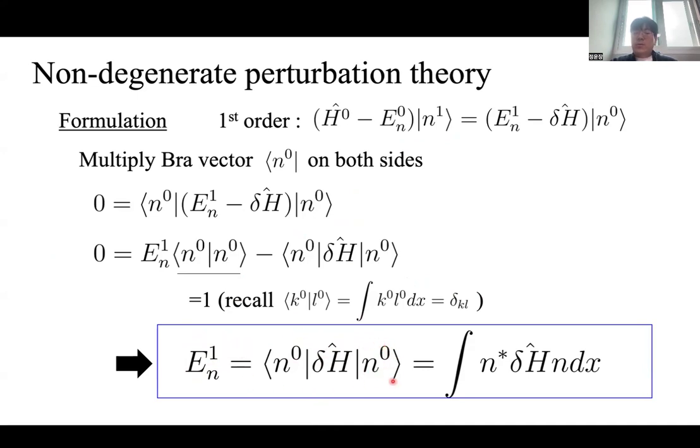And we can calculate this. This is just a matter of plugging things in because we know what the eigenstates are for the problem that we can solve. That's what we're going to put here. Then we know what the correction to the initial Hamiltonian was. In other words, it's our potential, for example. I plug it in, and if I calculate the integration, that gives me the first order correction energy to the system.